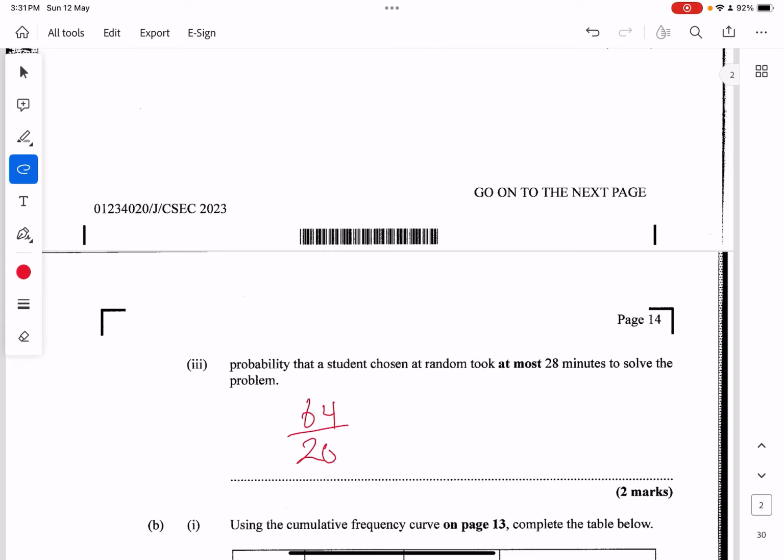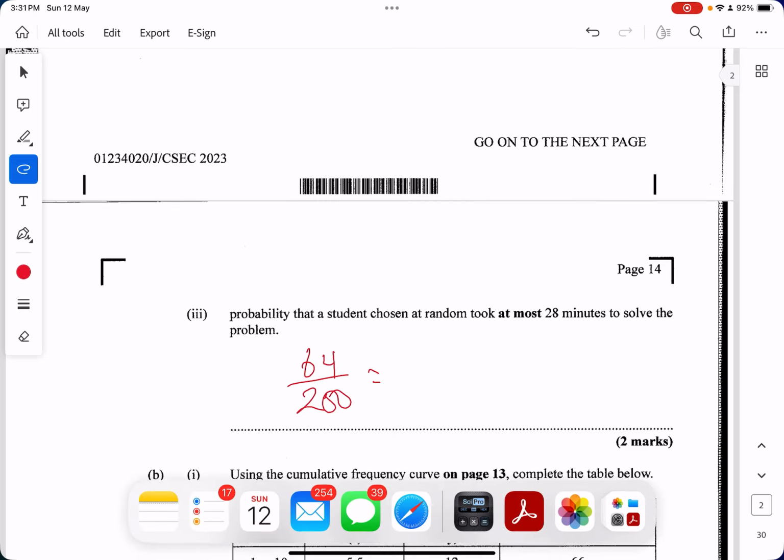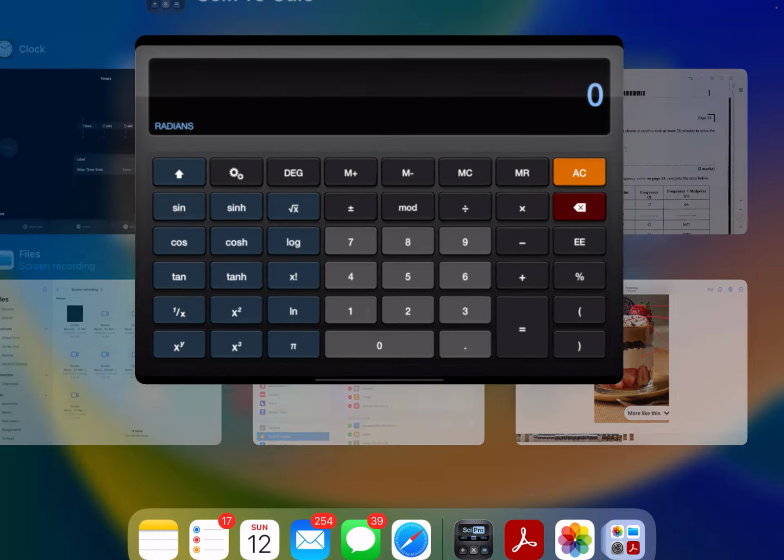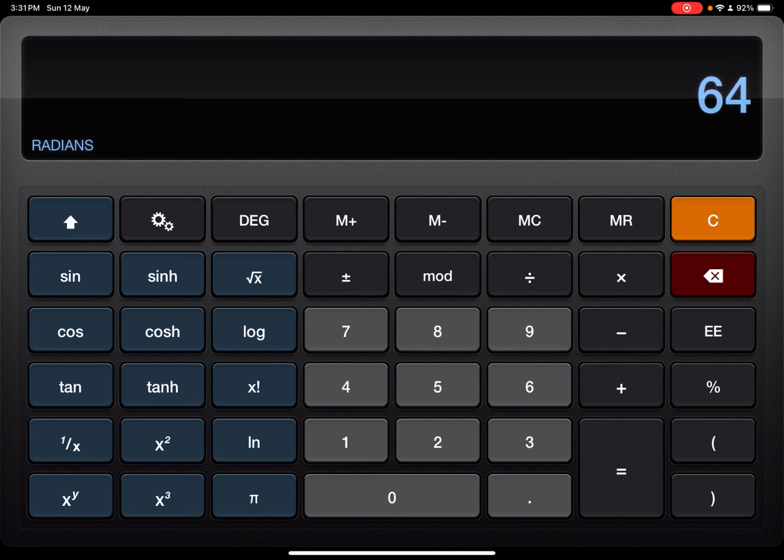64 out of the 200, which is going to give us 16 over 50, or, let's see, 64. Do we have the fraction symbol here? Nope. 64 divided by 200.